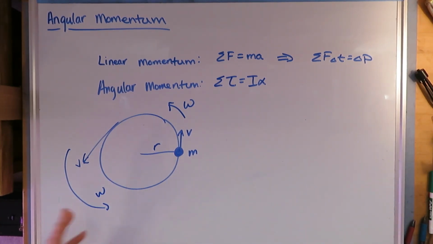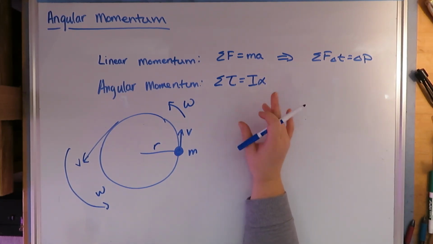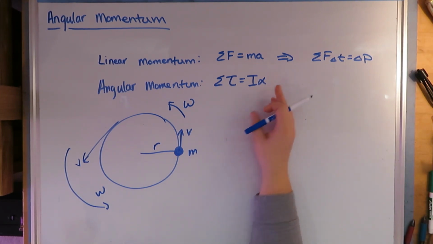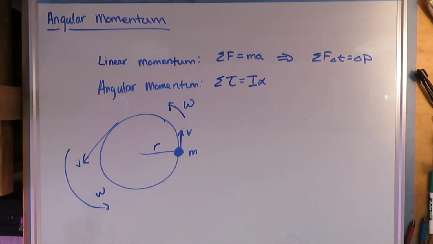There had to have been a net torque to make that change. So going through that same process, we have the net torque equation, I alpha, which is Newton's second law for rotation. When we started with linear momentum, we started with Newton's second law for linear motion.